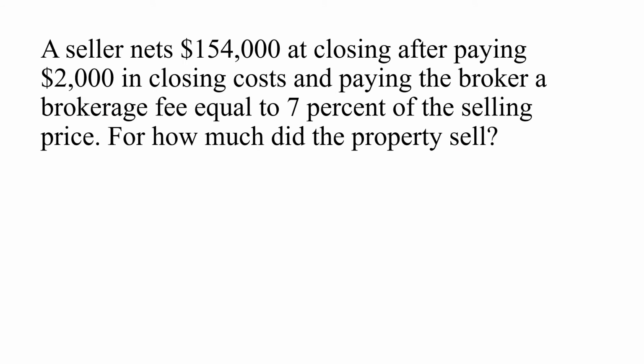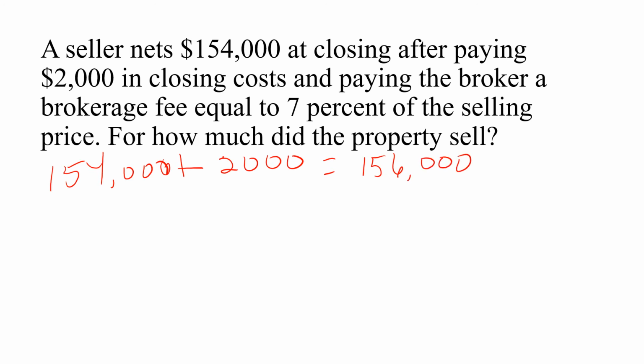A seller nets $154,000 at closing after paying $2,000 in closing costs and paying the broker a brokerage fee equal to 7% of the selling price. For how much did the property sell? So 154 plus 2,000 closing costs equals 156. Seven percent is 0.07. So 1 minus 0.07 equals 0.93.